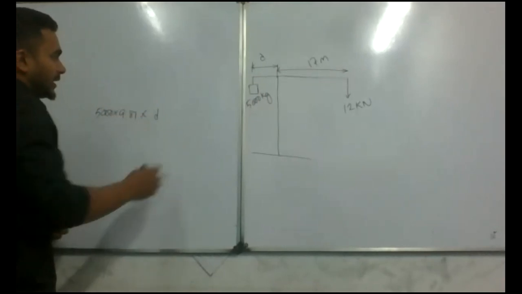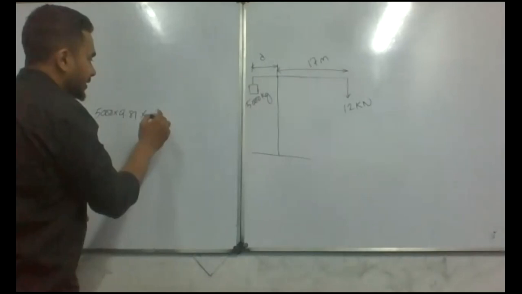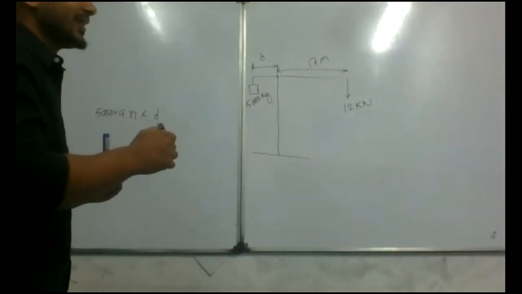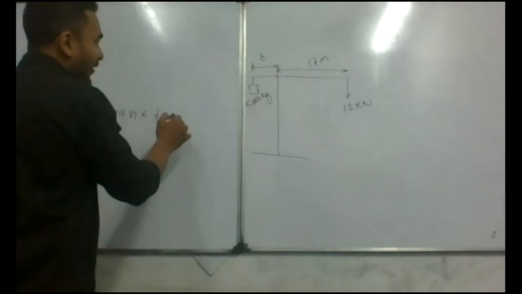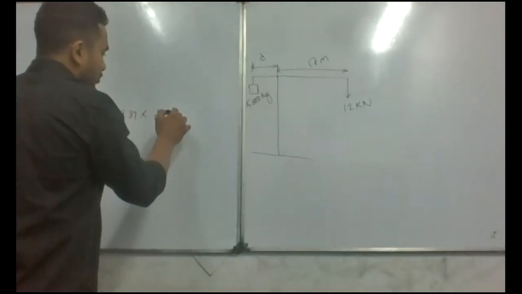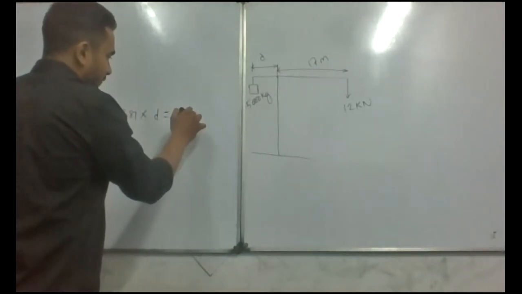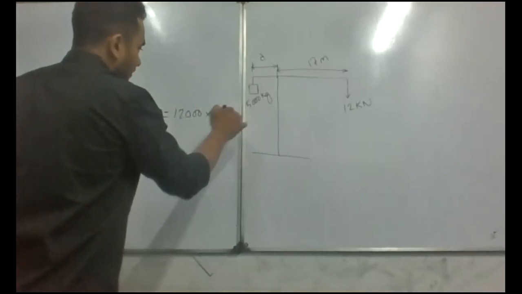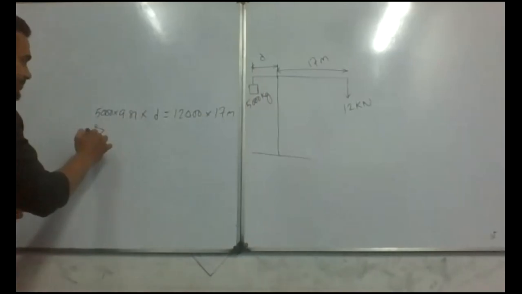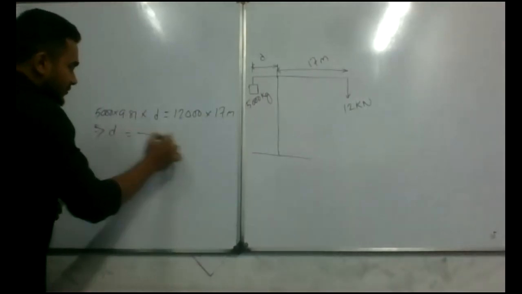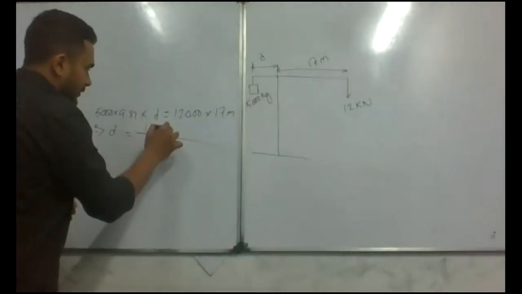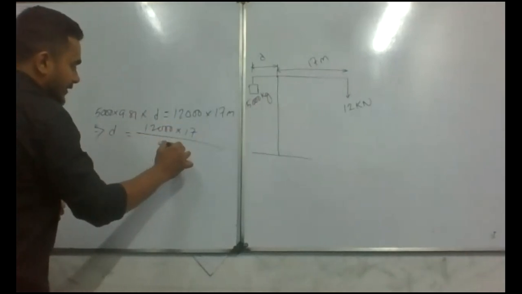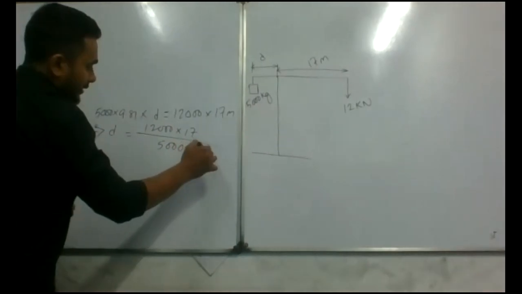That is the weight of the counterweight into the D, which is the anti-clockwise moment, and that equals the clockwise moment, which is 12 kilonewton, which is 12,000 newton, into the distance, which is 17 meter. Thereby, D equals 12,000 times 17 divided by 5,000 into 9.81.